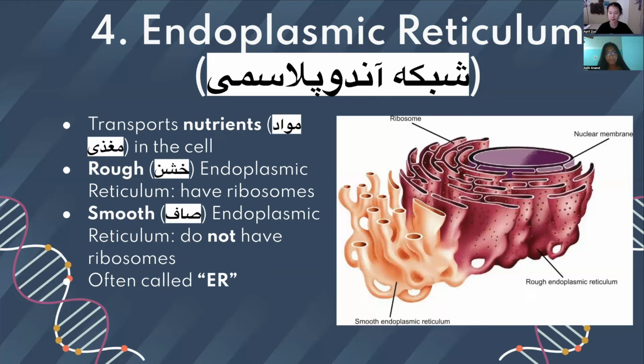If you see the picture, the part of the ER on the right is the rough endoplasmic reticulum. As you can see, since there are ribosomes all over it, it looks rough to the touch. And if you look at the smooth one, it looks smooth. So that's a way that you can remember that.